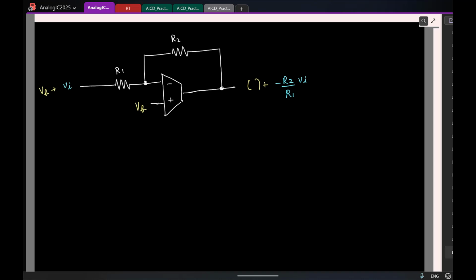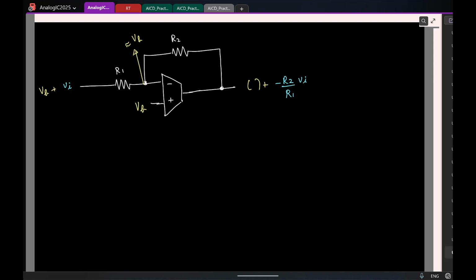Let's try to find what is the DC voltage at the output. So let's argue this way. Let us say the op amp you have designed has an infinitely large gain. So then what can you say about this potential approximately? That is also VB. Infinitely large gain, you put in negative feedback, you can use the virtual ground principle. So let's look at only the DC signals.